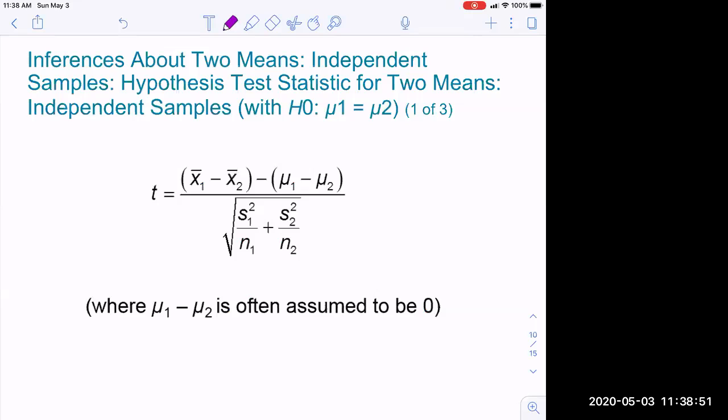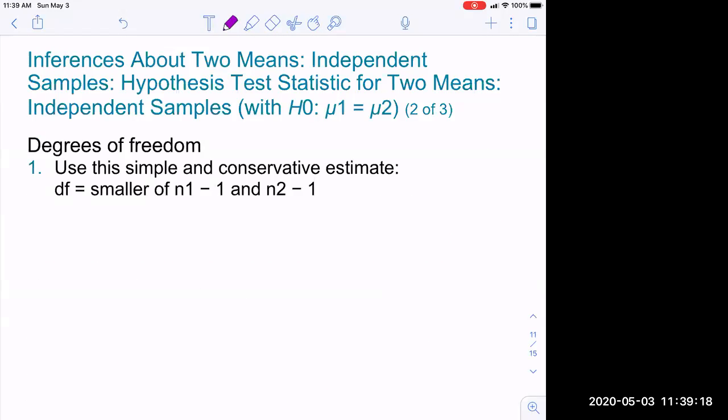Okay, here's our big formula. Now, it's not often, but in this case, it is always assumed to be 0. So this is gone. We don't have to worry about that in our formula. So you can see we have the sample mean of the first population and the second, and standard deviations and sample size.